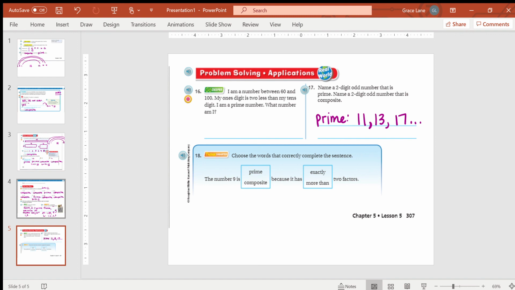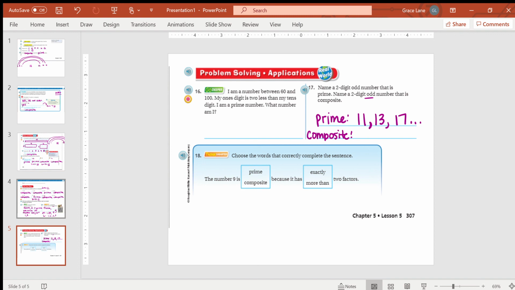What about composite numbers? Name a 2-digit odd number that is composite. So think of 2-digit numbers that are odd. 10 is even, so that wouldn't work. But 11, is 11 composite? No, because it only has 2 factors. 12 is even. 13 we already said is prime. 14 is even.